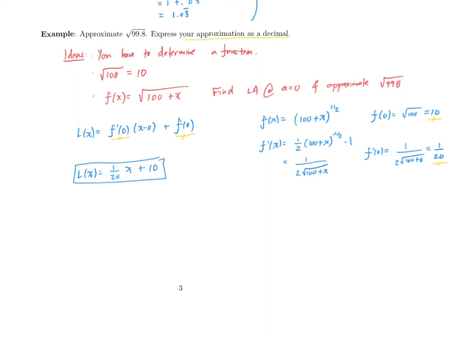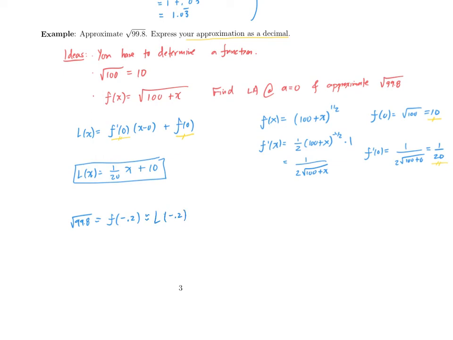And now for the really important and new part of this problem, somehow we need to use it to approximate 99.8, and we very clearly want to connect our work together in a way that justifies what we have done. So this is equal to the function evaluated at minus 0.2. And because minus 0.2 is arguably close to 0, this is approximated by L of minus 0.2.